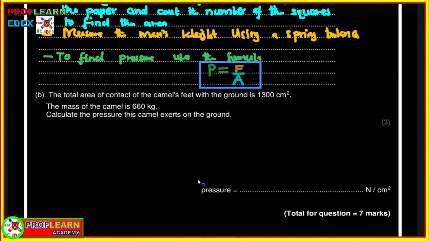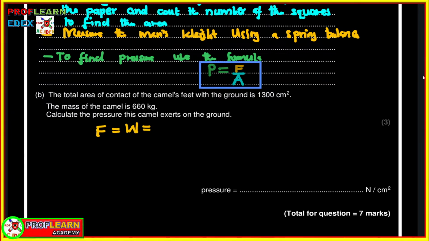The total area of contact of the camel's feet with the ground is 1,300 centimeters square. The mass of the camel is 660 kg. Calculate the pressure this camel exerts on the ground. So we need to know the force exerted, and force exerted is equal to the weight.